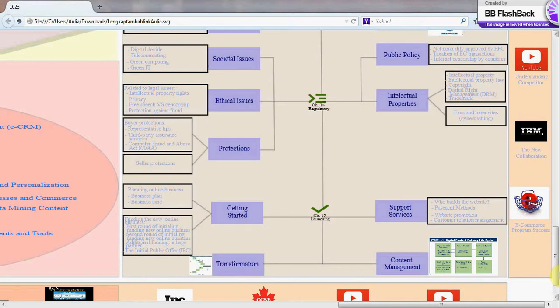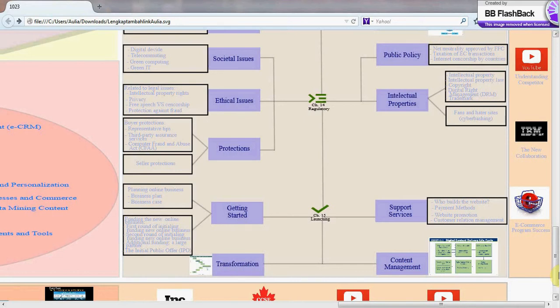If you got fraud in e-commerce and online transaction, you can report it to the Computer Fraud and Abuse Act, or you can call it the CFAA.